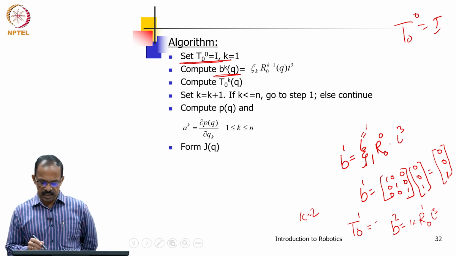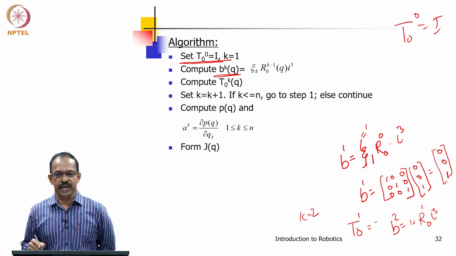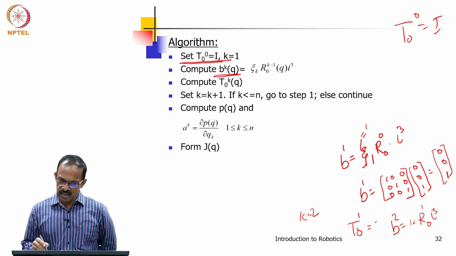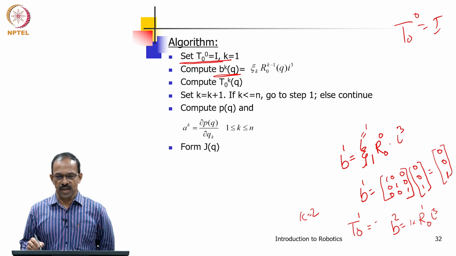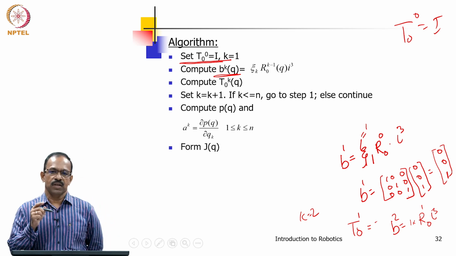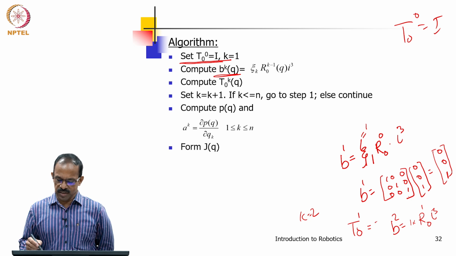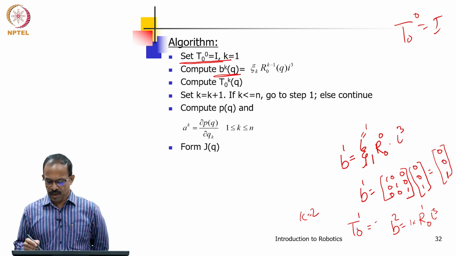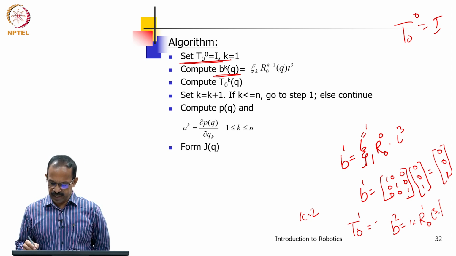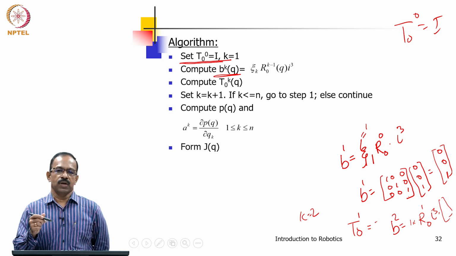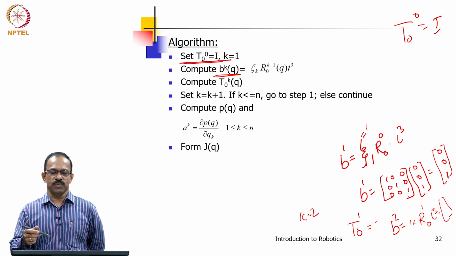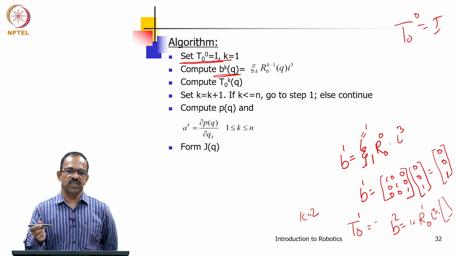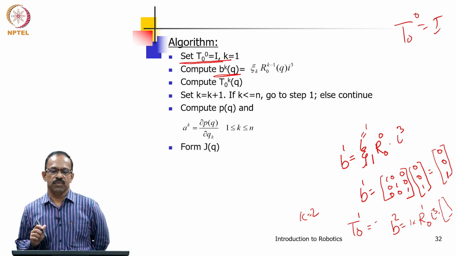R0 to 1 will be a rotation matrix, which will tell you how the z axis of the first frame is aligned with respect to the base frame 0, and you will be getting this as again a vector, that may be sin alpha, cos alpha, 0 or something like that, depending on how the axis is aligned with the 0th frame.